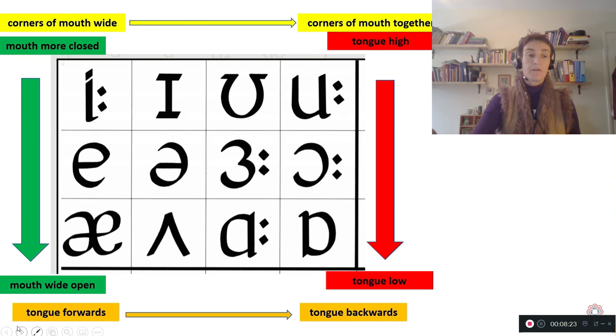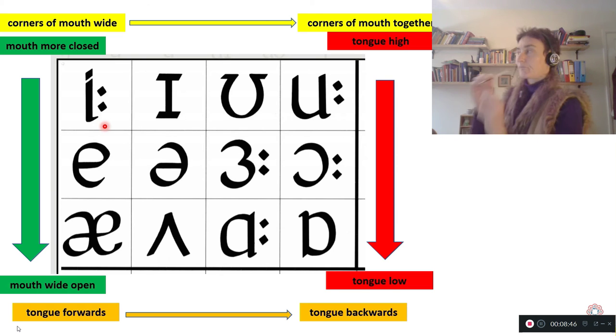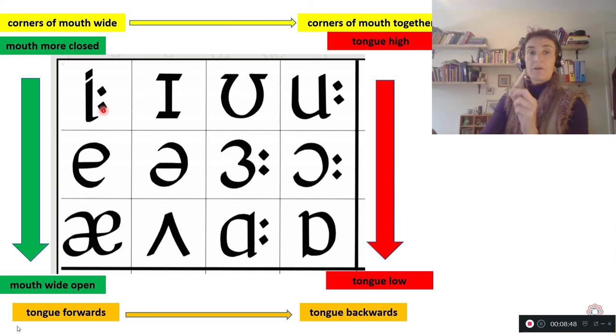And the final one, and this one might actually be the most funny one of all, is the tongue going from forwards to backwards. So basically, this column here, the tongue is forwards in the mouth, close to the teeth, and this column here, the tongue is much backwards in the mouth. So I'm going to show you that with the top line here.